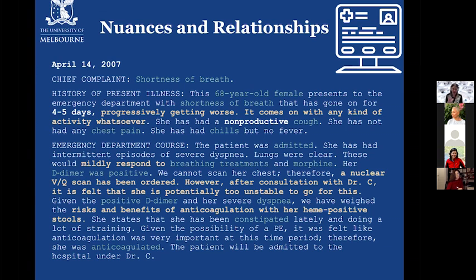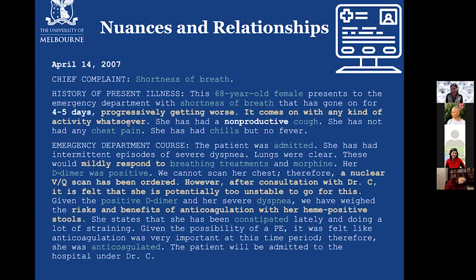And so if we want to get into the nuance of the patient description, then we actually need to go a little bit deeper and look at those concepts that might not be in those standardized vocabularies or lists of, the dictionaries that I was mentioning earlier. So things like the fact that a patient's shortness of breath, the symptom, is progressively getting worse and coming on with any kind of activity whatsoever.